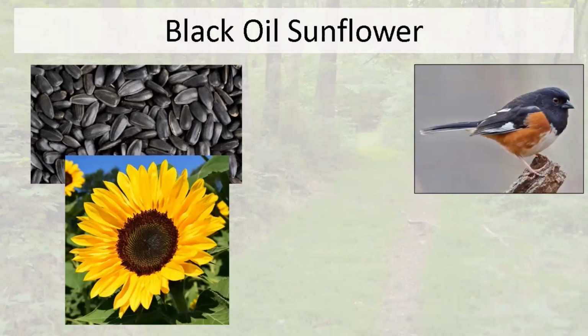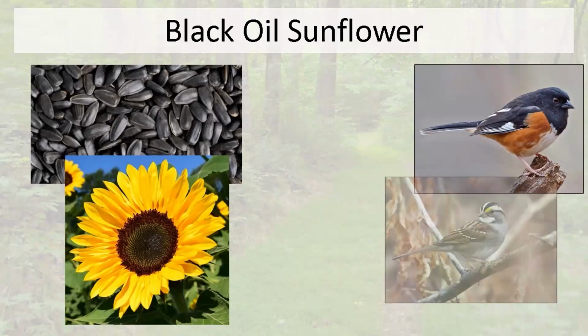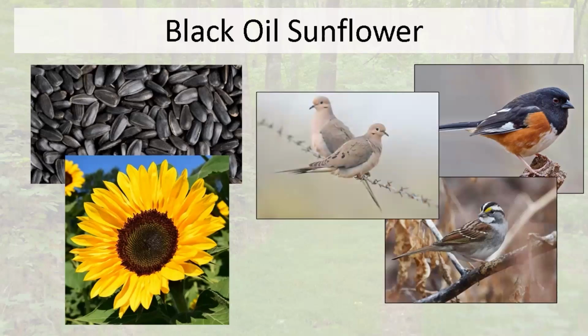All kinds of birds like it, but some species that you will see at a feeder set up with black oil sunflower seed would be eastern towhee, white-throated sparrows, mourning doves, but just a huge variety of birds will eat it. There are very few things that won't take black oil sunflower seed, but will take other seeds.